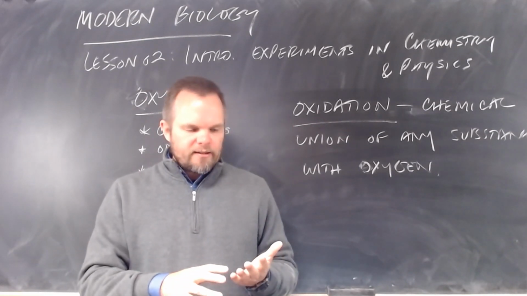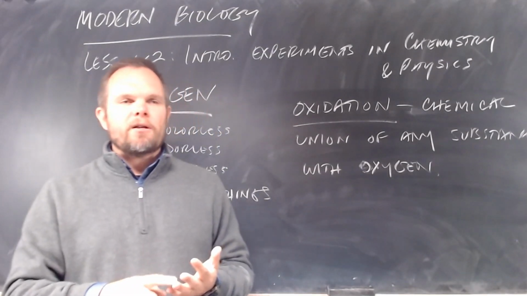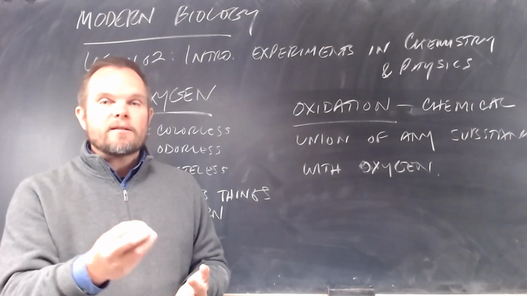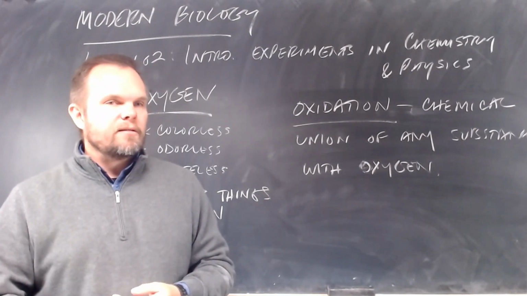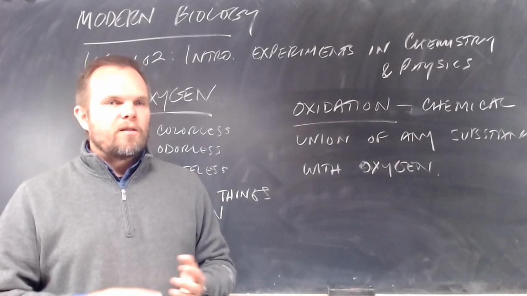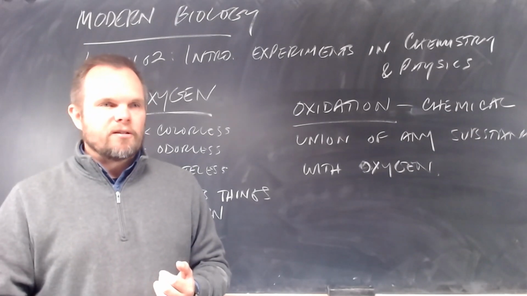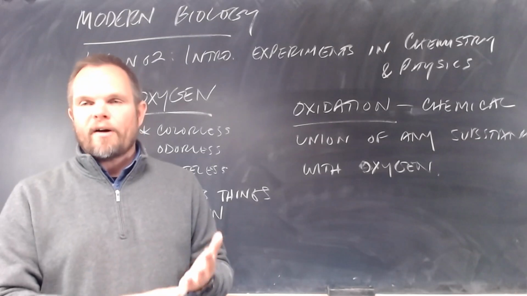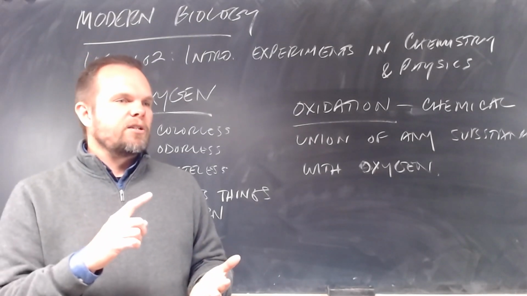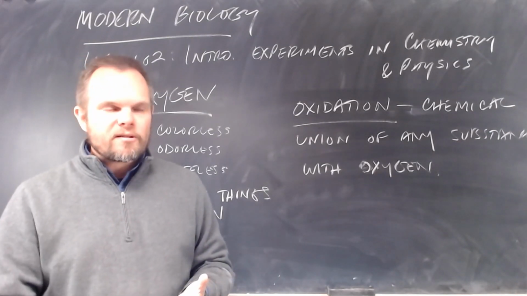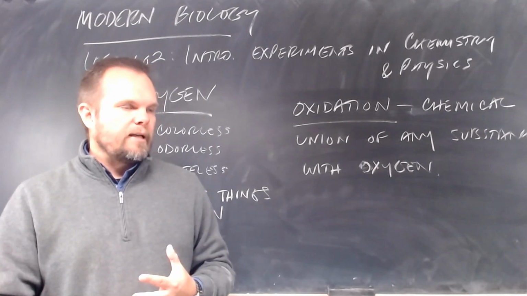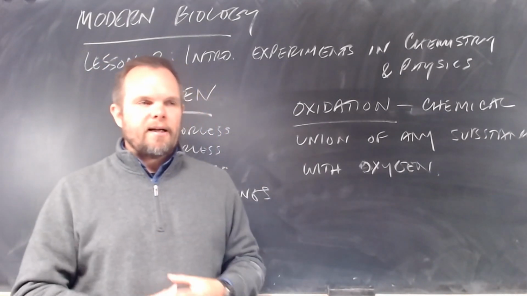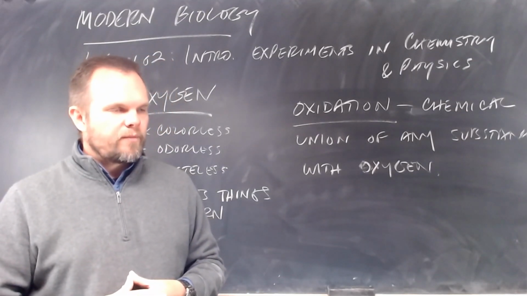Our textbook is leading us through some experiments that allow us to see that there are different elements present in different substances. The first one we looked at was oxygen, and we learned about oxidation, how oxidation relates to fire, how oxidation relates to rust, how oxidation relates to decomposition, things breaking down. All right?